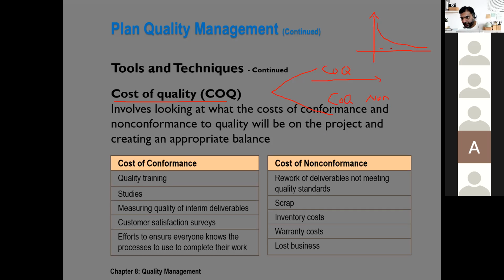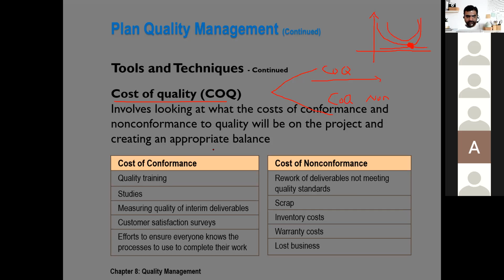On the other side, cost of non-conformance is less in the start, but it can increase exponentially. We said we should find an optimum point where we can balance out this cost, spending appropriate time and money on ensuring quality.